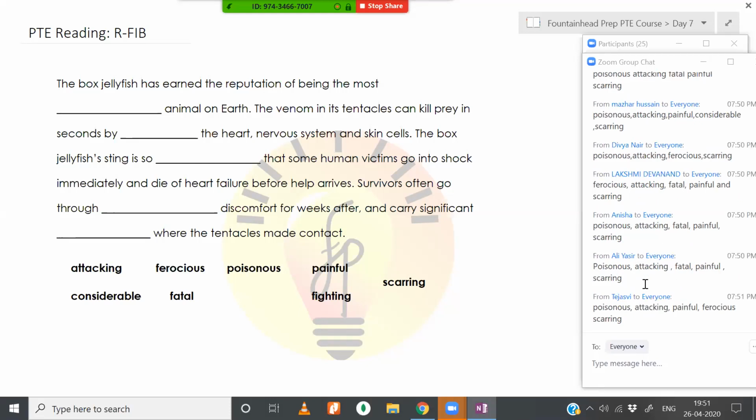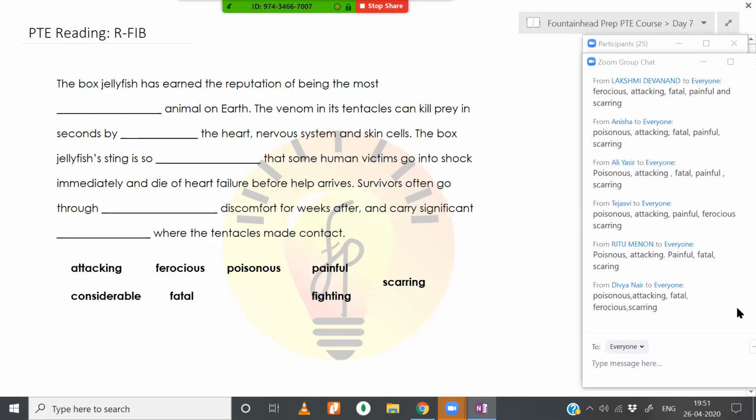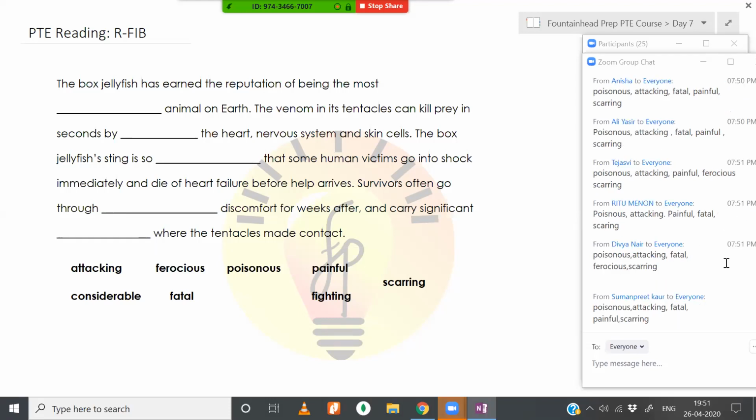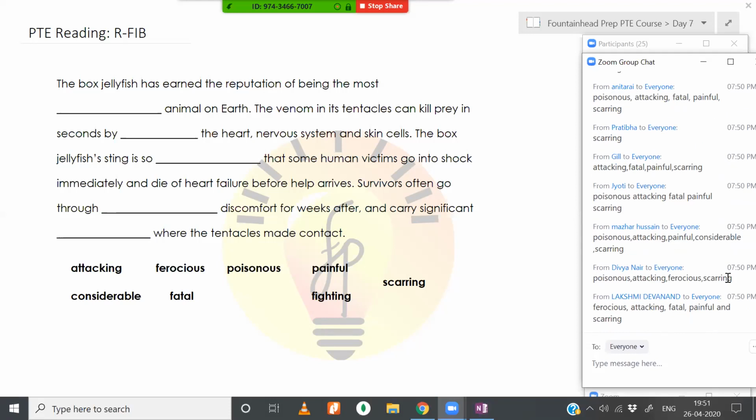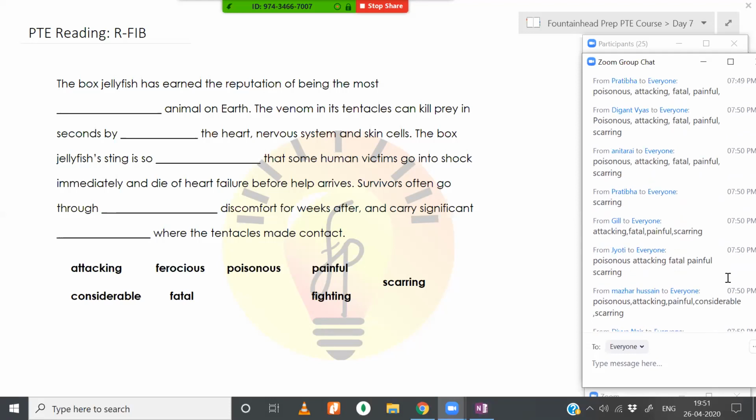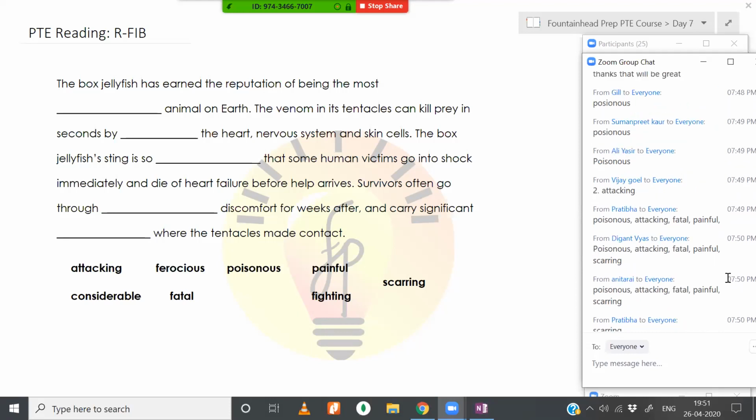So let's discuss. What's the answer for the first one? I could see some of you have mentioned this as ferocious. Some of you have mentioned it as attacking. Most of you have mentioned it as poisonous.